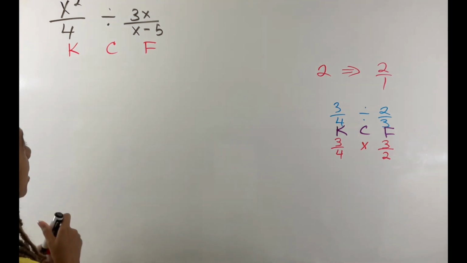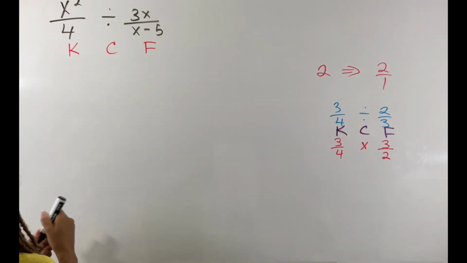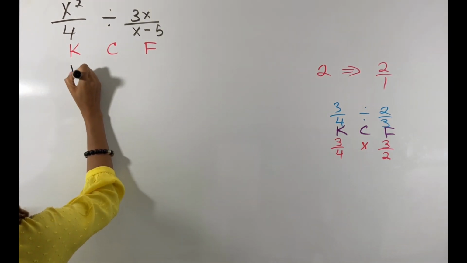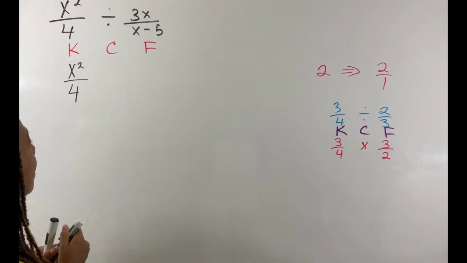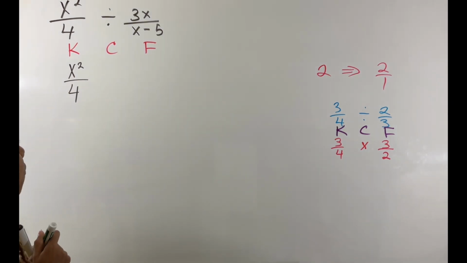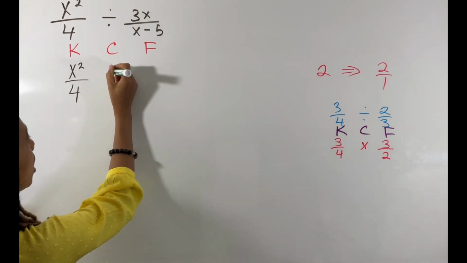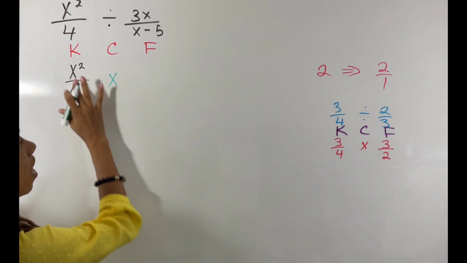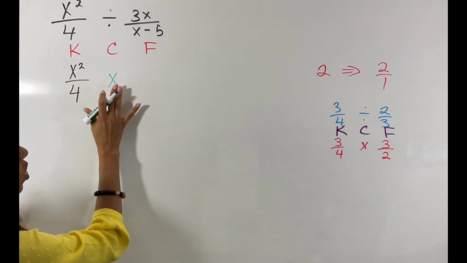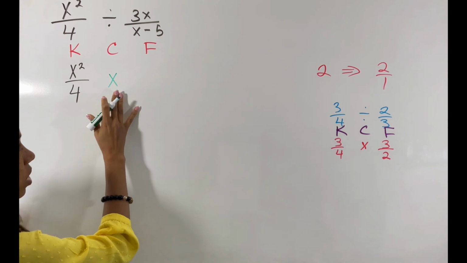So for this keep, change, and flip, you are going to keep your x squared over your 4, and the next step after you keep the first term is that you are going to change the division sign to multiplication. Because we're dealing with the x here, I don't like to use an x either, but normally you use a multiplication sign.